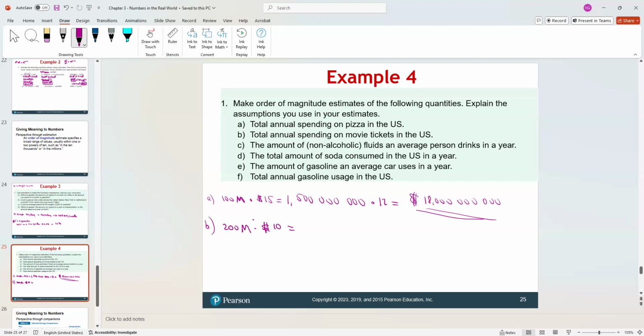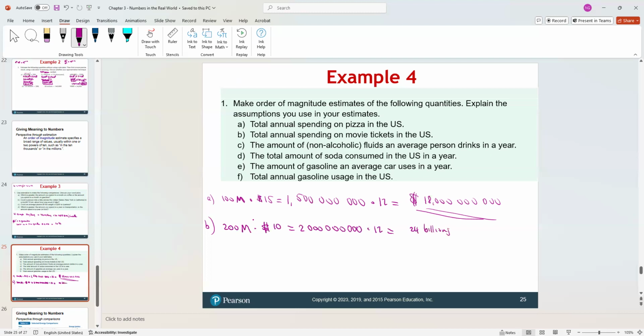So if you have 200 million going per month, you just need to add another zero, which gives you 2 billion, because we multiplied by $10. If you multiply by 12 months, it would give you approximately 24 billion.